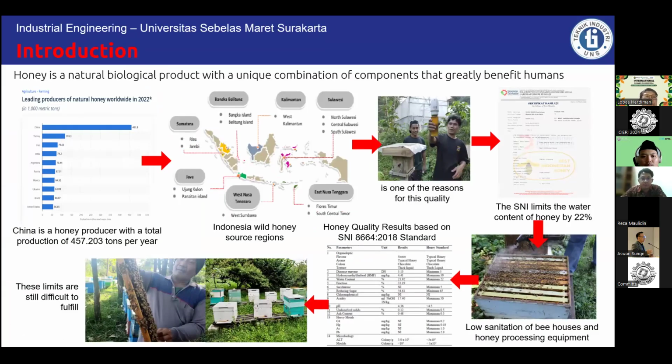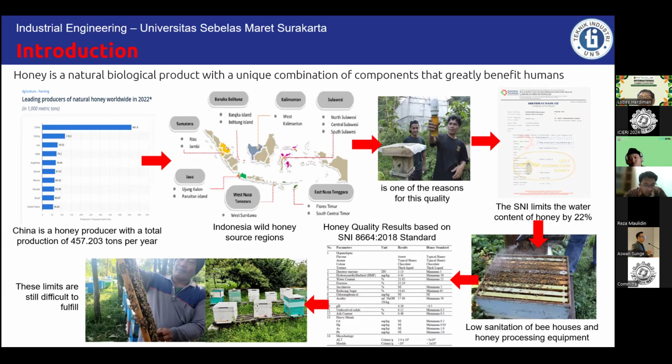My introduction: honey is a natural biological product with a unique combination of components that greatly benefit humans. China is the world's largest honey-producing country with a total production of over 460 tons per year, followed by Turkey producing over 115 tons per year.